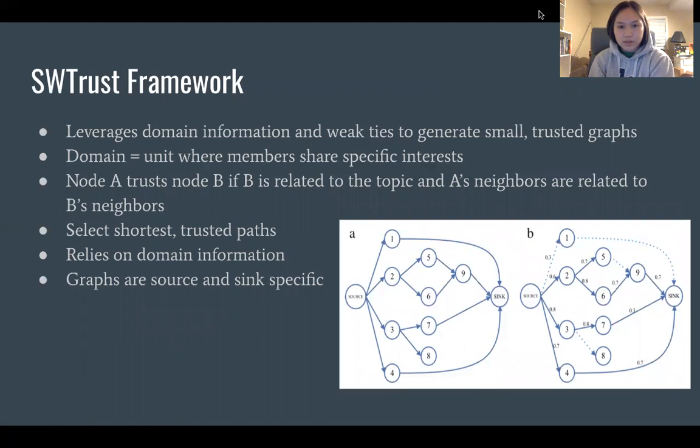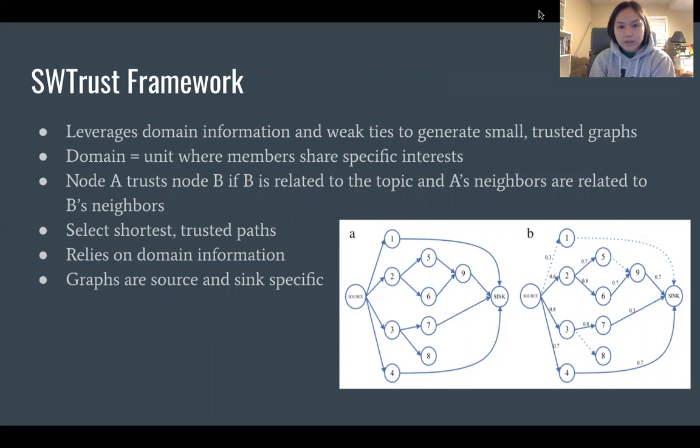Here are some existing papers that aim to quantify trust. The first is the SW Trust Framework, which leverages domain information and weak ties, and then generates small trusted graphs.